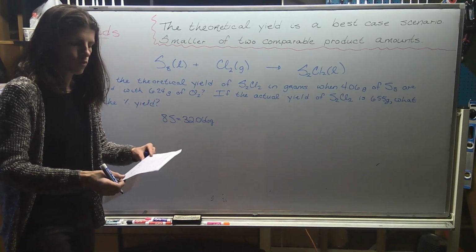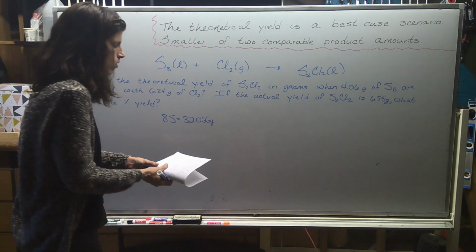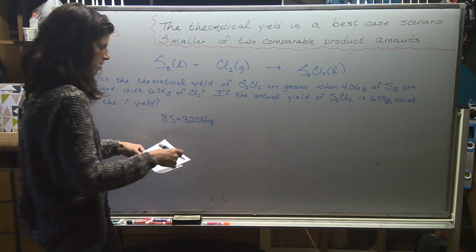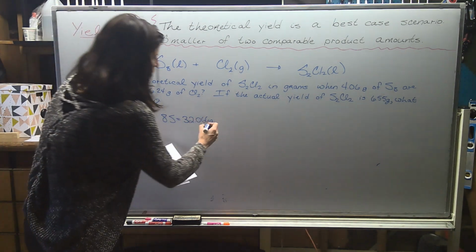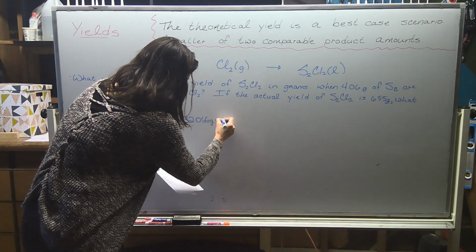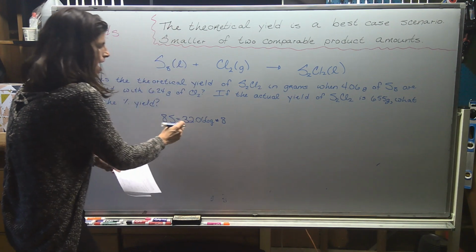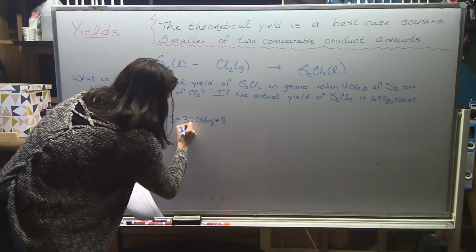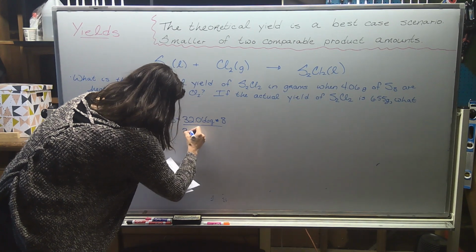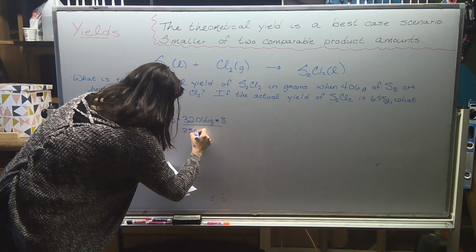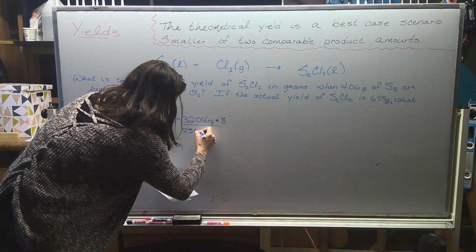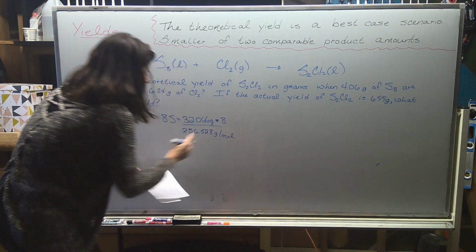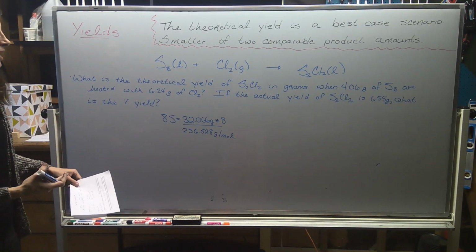When you're doing your ALEX homework, make sure you're using their periodic table. But at the end of the day, we should more or less get the same values, like the percent yield and all that. So I'm going to take that mass of 1 sulfur and multiply it by 8. When I did that, I got a molar mass of 256.528 grams per mole. So that's the value that I'm going to be using for S8.